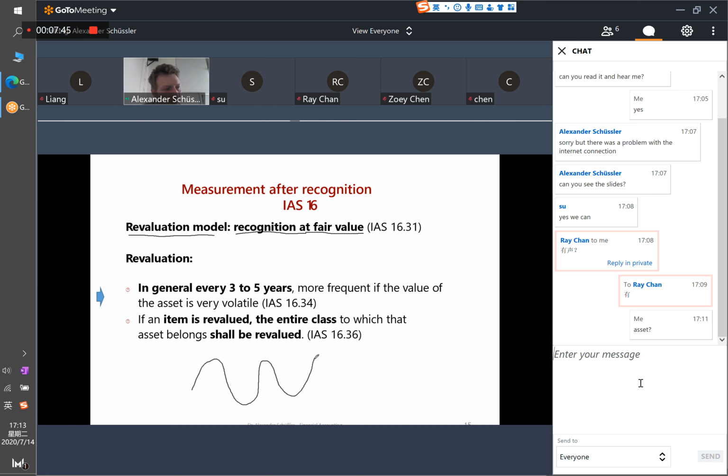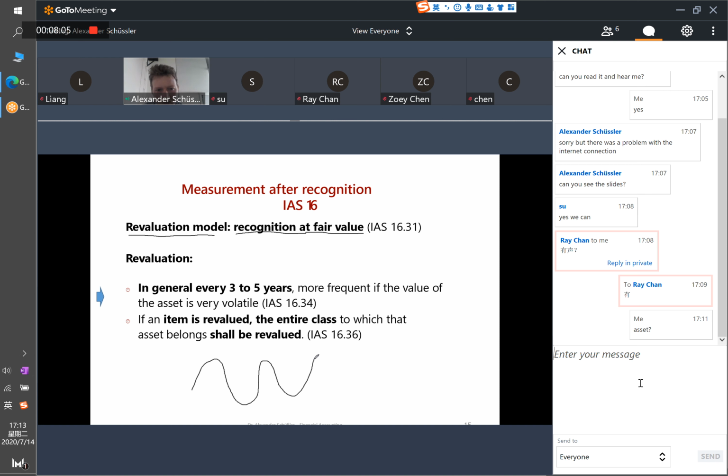So the question is, how often do you have to evaluate whether the value of the asset has increased or whether it has decreased?